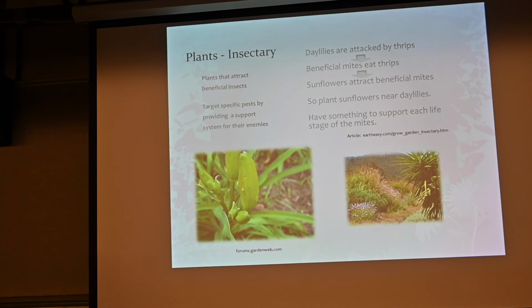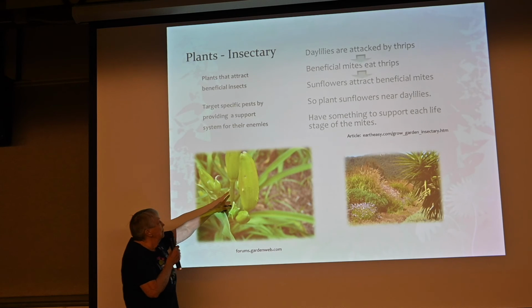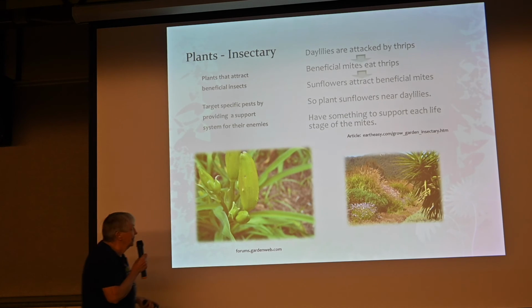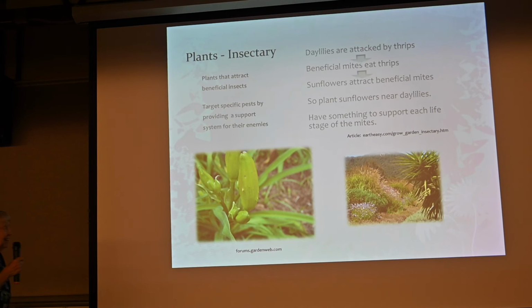Insectary, this is just a way of attacking a particular pest. I have daylilies, and so this is thrip, and he's already inside, or they are inside. Daylilies are trapped by thrips. Beneficial mites eat thrips.